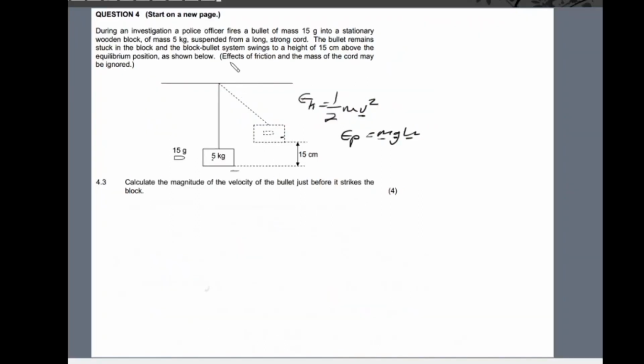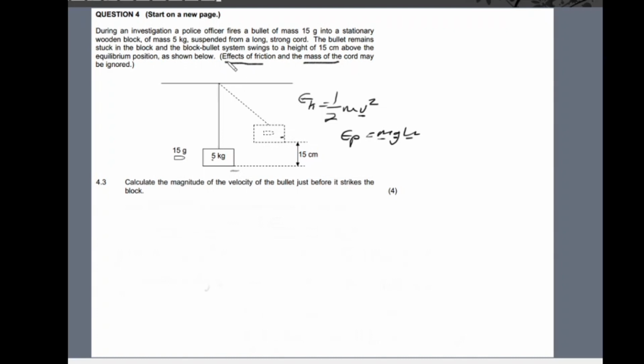Now from this question they tell us the effects of friction and mass of the cord may be ignored. So it means because we're ignoring friction, we don't have external forces. So if we don't have external forces, we can now apply the law of conservation of momentum, which states that the total linear momentum in a closed system is conserved.